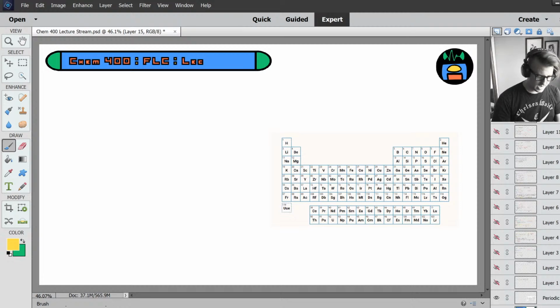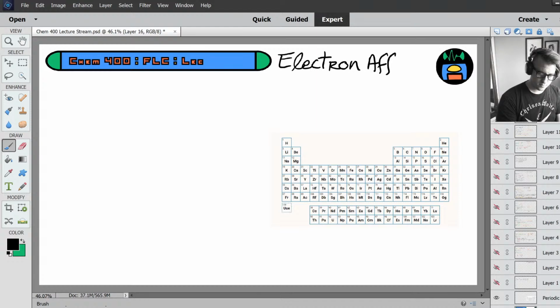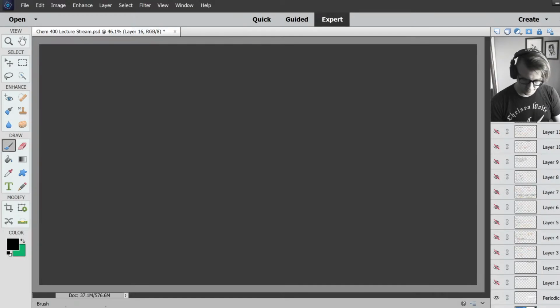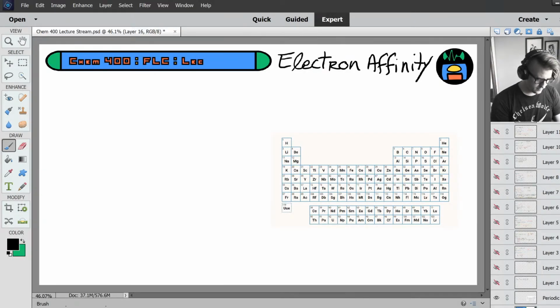Let's take a look at one more periodic trend. Let's look at something called electron affinity. So let's take a look at electron affinity. There we go.